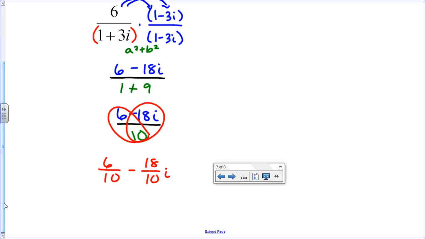You could reduce before, if you factored out the 6, you could reduce with the 10, or you could just reduce here. So 6 over 10 is 3/5, and 18 over 10 would be 9/5.